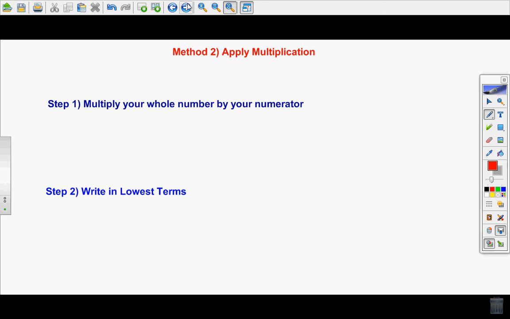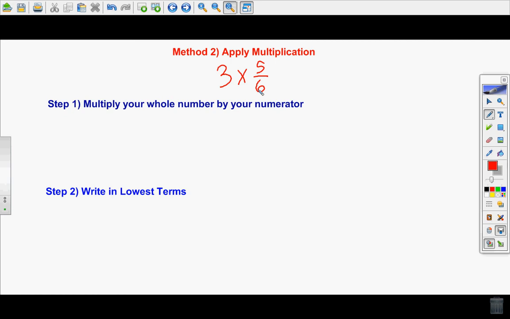This one's a little bit more simplistic with the steps because there's only 2 of them. If I'm going to give you guys the problem, like in the first one, 3 times 5 over 6 to work with, let's follow these steps then. Step 1 says to multiply your whole number by your numerator, which again is your top number.